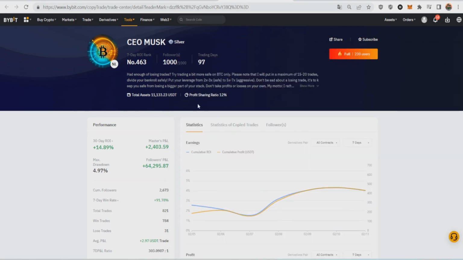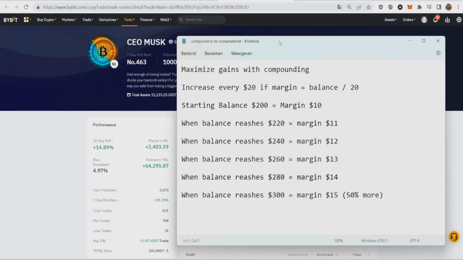So the next question a lot of people are asking me is, what can I do with my profits? How can I optimize it? Well, this is where compounding comes in. Basically, you can maximize your gains with compounding by increasing your margin every $20, where your margin is balance divided by 20. So let's say your starting balance is $200 and your margin is $10.